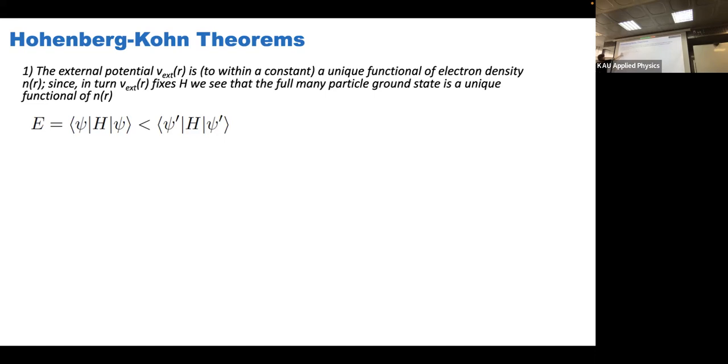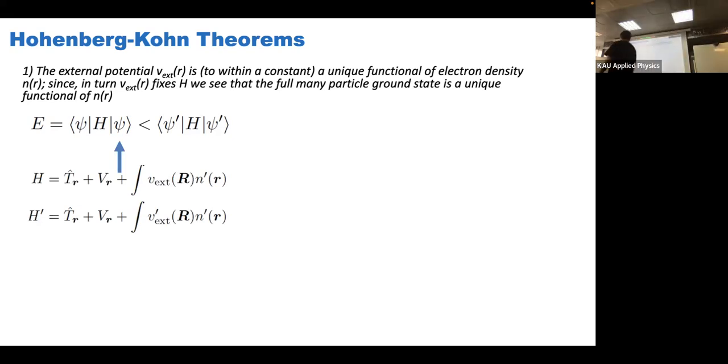And as this is the ground state energy, if we take for the same Hamiltonian some other psi functions, this expression will be more than this, because it's the minimum energy. Psi prime is some other wave function which theoretically can create the same electron density.